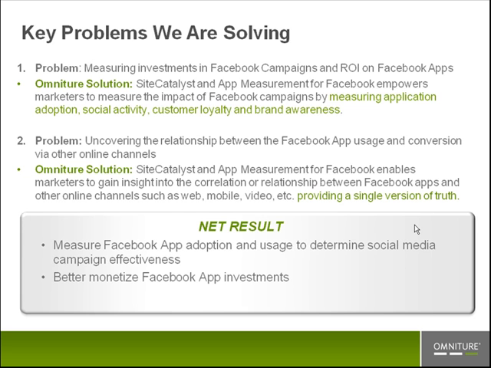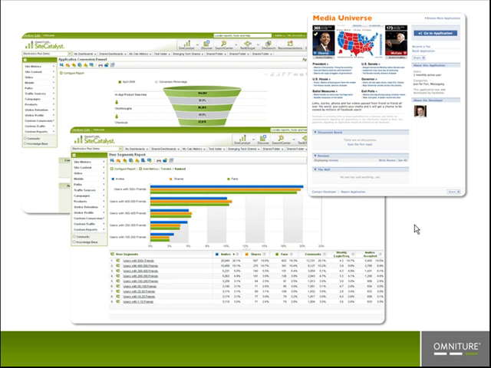And then also, you're uncovering a relationship between Facebook app usage and conversion via other online channels. So you're looking at a single version of the truth. How are people converting on mobile or email or on your website compared to social media? That way, you're able to monetize your app investment and figure out what makes sense to develop and what isn't working.